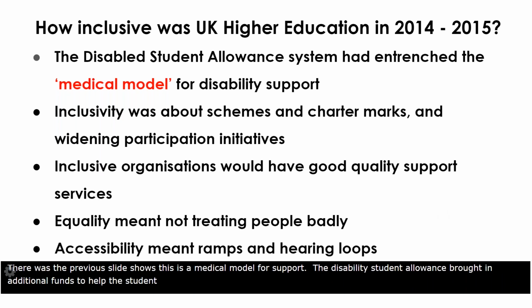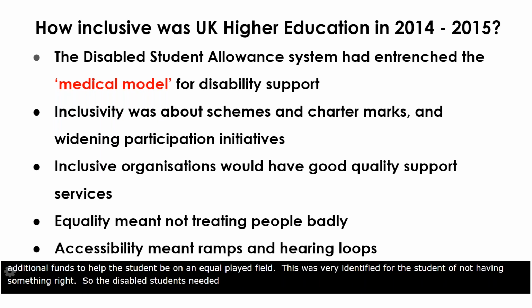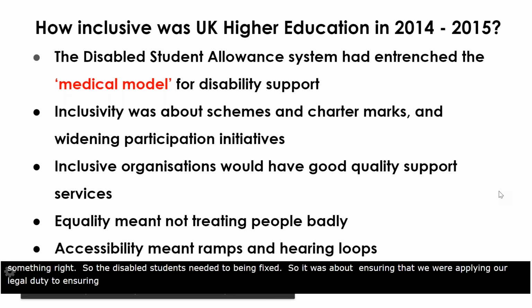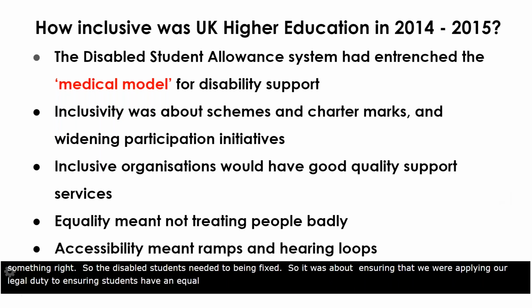Now, obviously, this was very identifying for the student as having something not right. It was as if disabled students needed to be fixed by the DSA allowance. So inclusivity, at the time when UDL was thought about at De Montfort University, was about ensuring that we were applying our legal duty to ensure students have an equal opportunity for their learning.